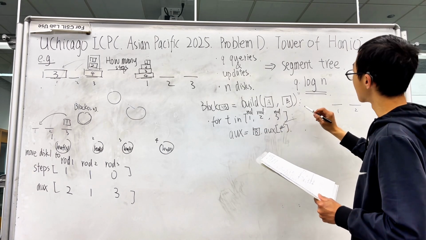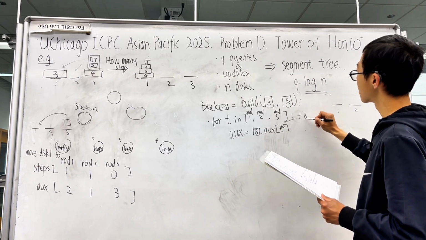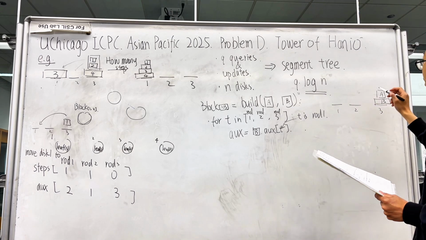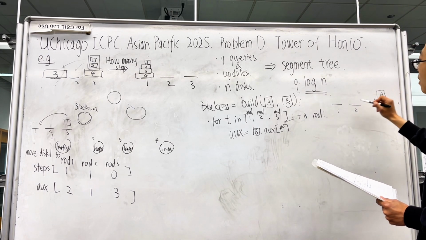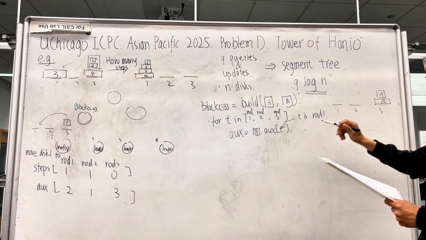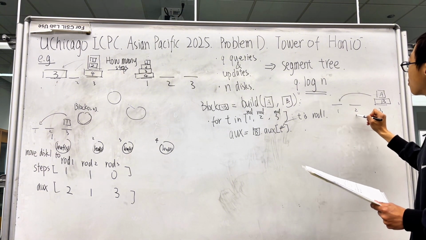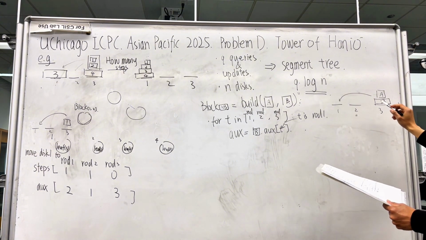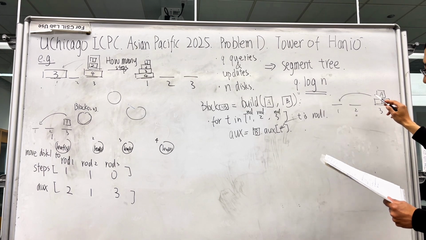Let's say T is rod 1. If we want to move AB all to rod 1, what's the auxiliary rod? Isn't it just 2, which is the auxiliary rod of the bottom one?